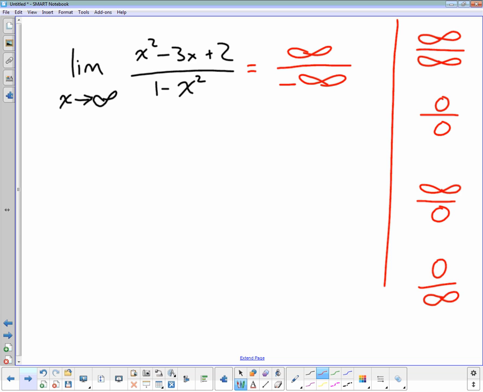That's 0. Those are indeterminate forms. Those are no good. And actually, I believe infinity minus infinity is another one too, because which infinity is bigger?